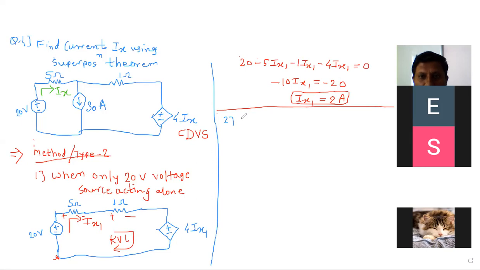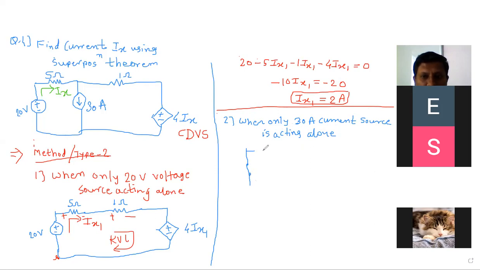Okay. Now second thing we can find out. Second, when only the 30 ampere current source is acting alone. Okay. So I will short the 20 volt voltage source. बरोबर की नाही?